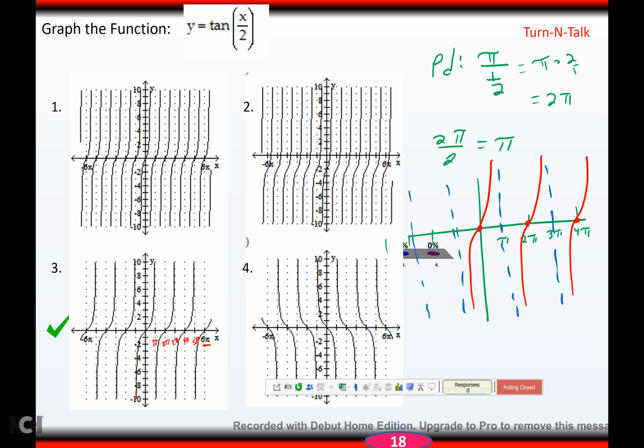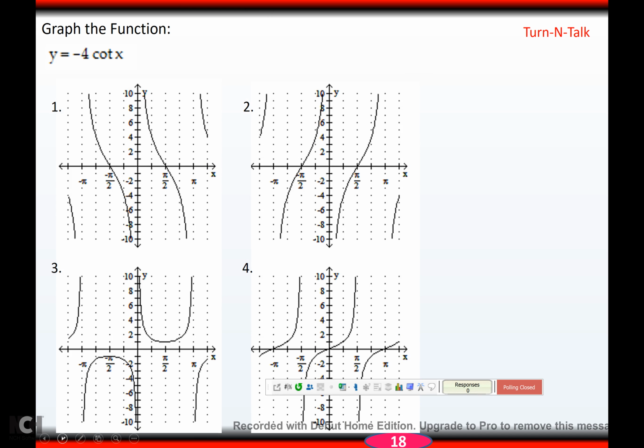And this one is waving through 0, 2 pi, 4 pi, just like my graph, so it's got to be that one. Okay, it would be this one if it was a negative tangent function. Alright, so pick this one out, hit pause, come back when you're ready, and hopefully you got 2.